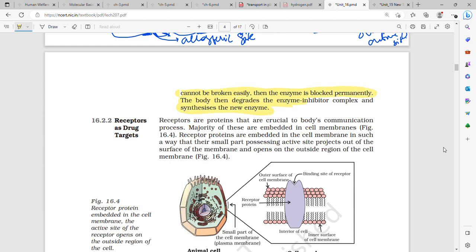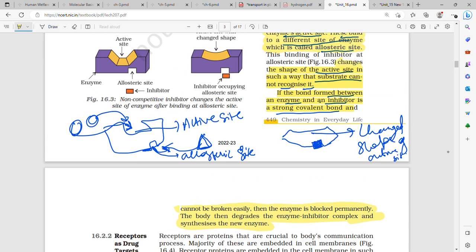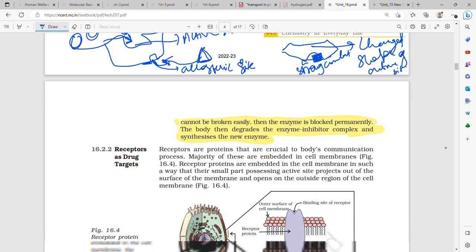So in this case, if at the allosteric site the inhibitor has attached itself to the enzyme by strong covalent bonds, then nothing else can be done. That is, the strong covalent bond cannot be broken easily, and therefore the enzyme will be blocked permanently.